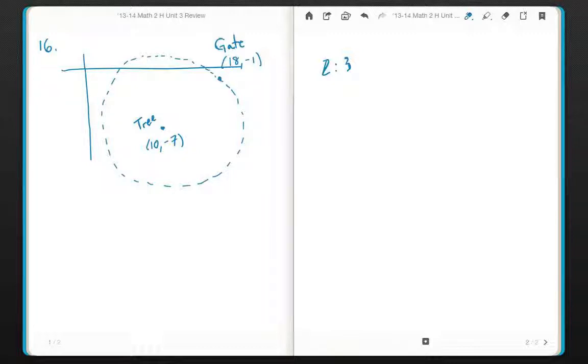So in other words, if we're thinking about a directed line segment here, that means we're going from the gate to the tree in a 2:3 ratio. Right? So if I'm looking at this line right here, then I want to partition this so that I have a point with a 2:3 ratio somewhere out in here, and that's going to be the new center of the lot.